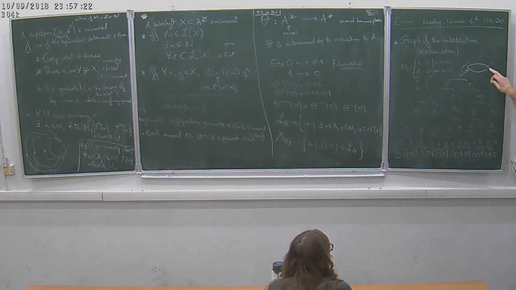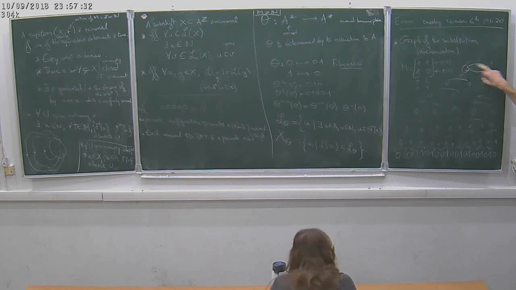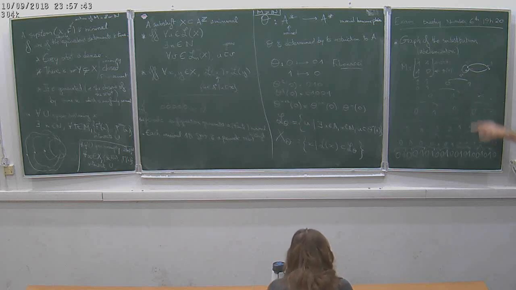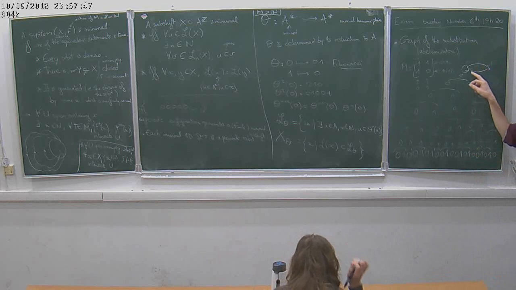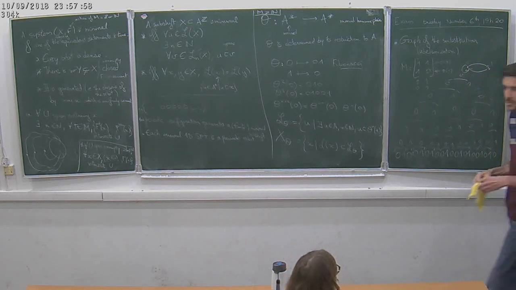If I go to 1, I don't have the choice. 1 goes to 0. Okay? Poof, and back. Maybe I go to 0, 0, and after a while I go to 1, but it's not about the shifts, this is the graph of the application of the substitution. Is it clear what the graph represents?